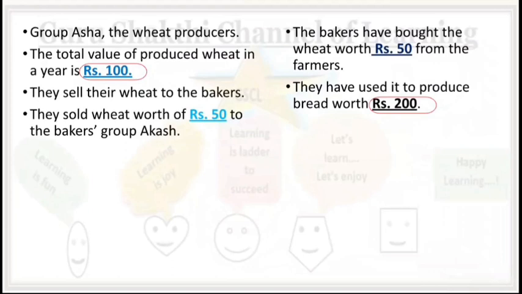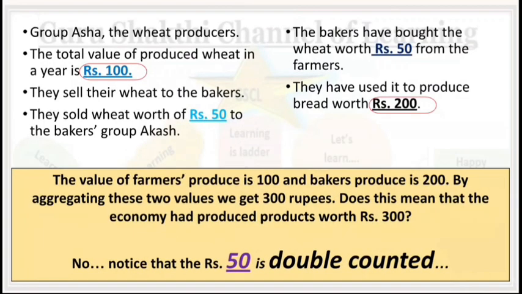Now, we want to know the total production of the economy. We can get it by adding the value of farmers' produce and bakers' produce. Farmers' produce is 100 and bakers' produce is 200. If we add them, we get 300 rupees.